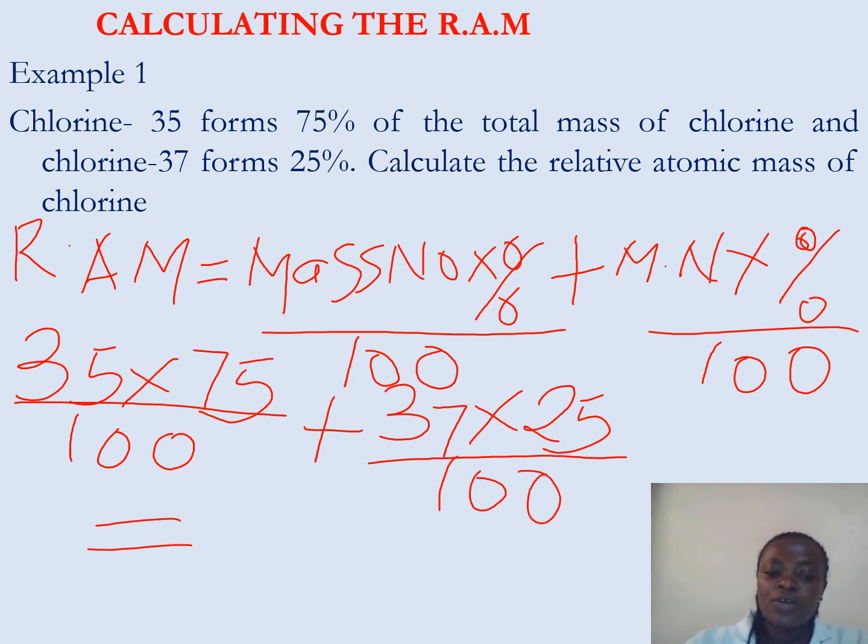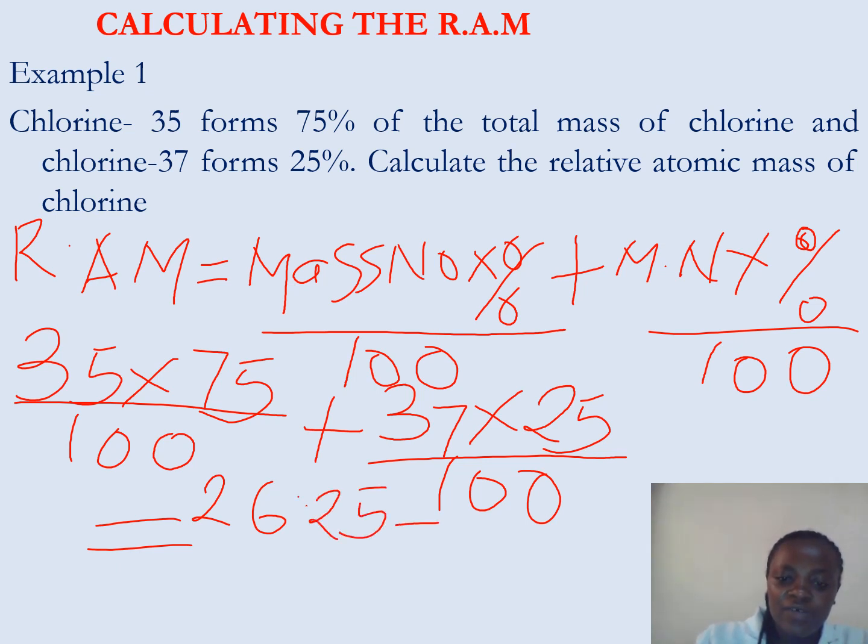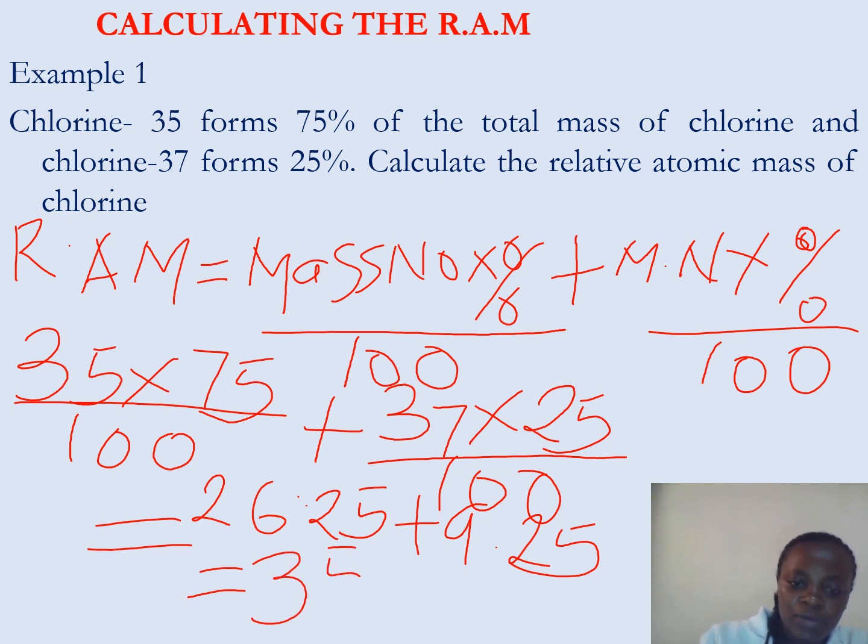When we multiply, the first one is 26.25, and the second one is 9.25. So the relative atomic mass becomes 35.5. That is the relative atomic mass of chlorine. That is how we calculate the relative atomic mass. We look at the second example.